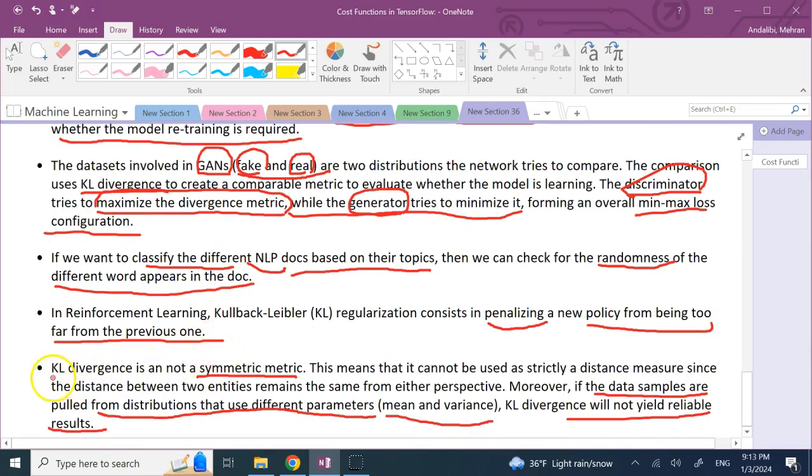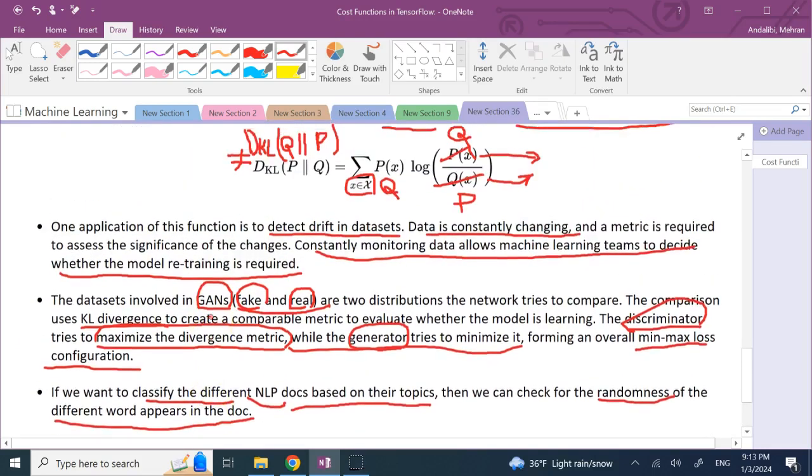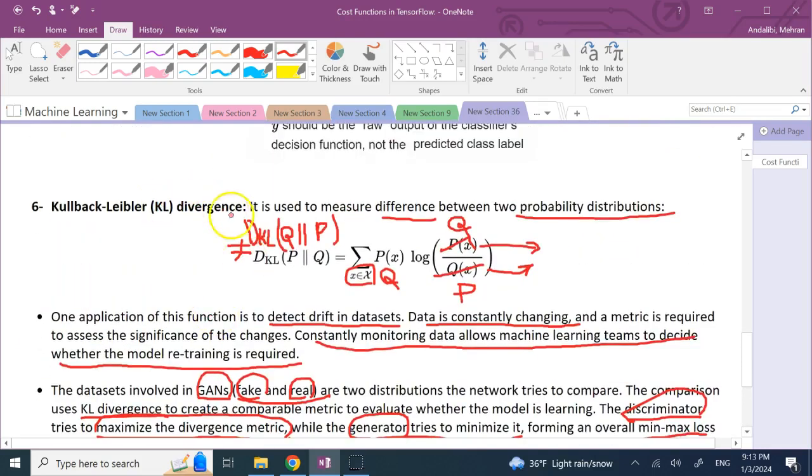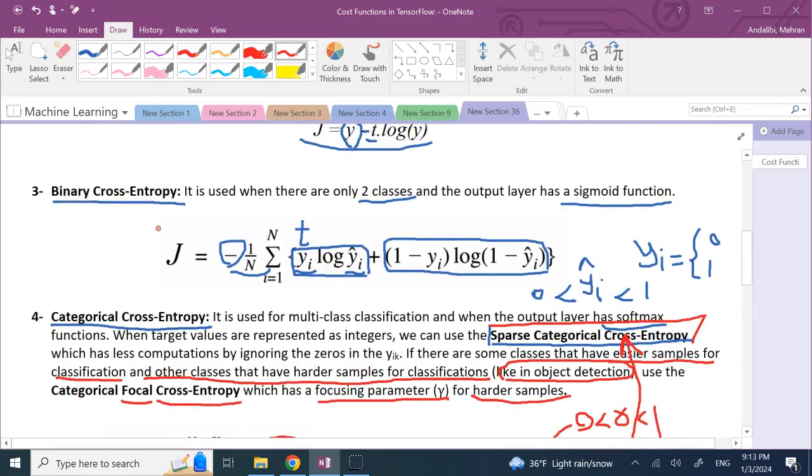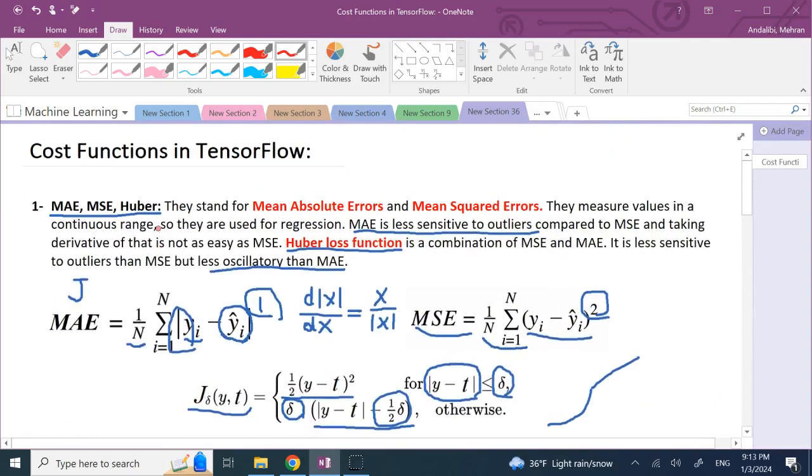There are other divergence metrics, and I don't want to go over them because as far as I've checked, we don't have them in TensorFlow. But by the way, in TensorFlow, you can have custom cost functions. So they are not all pre-built.